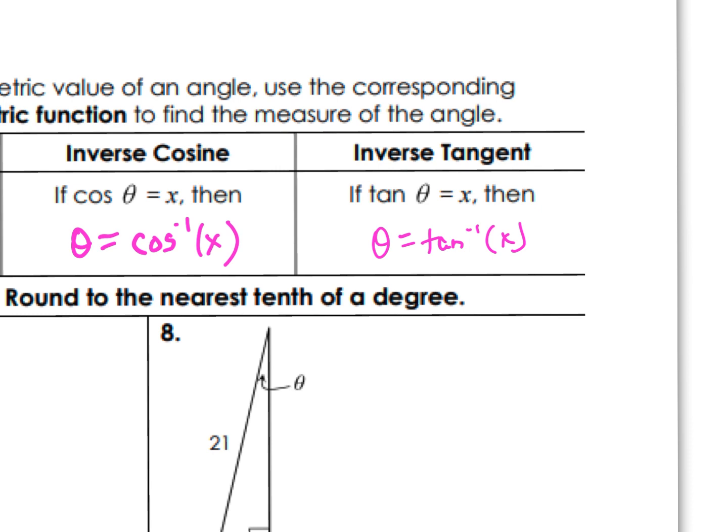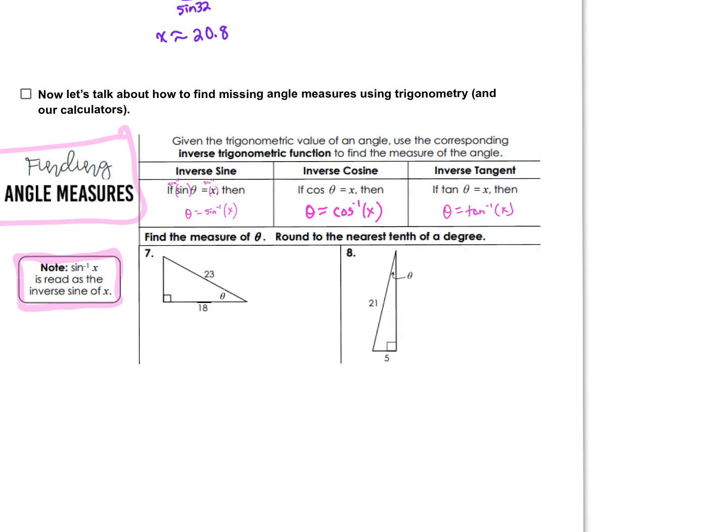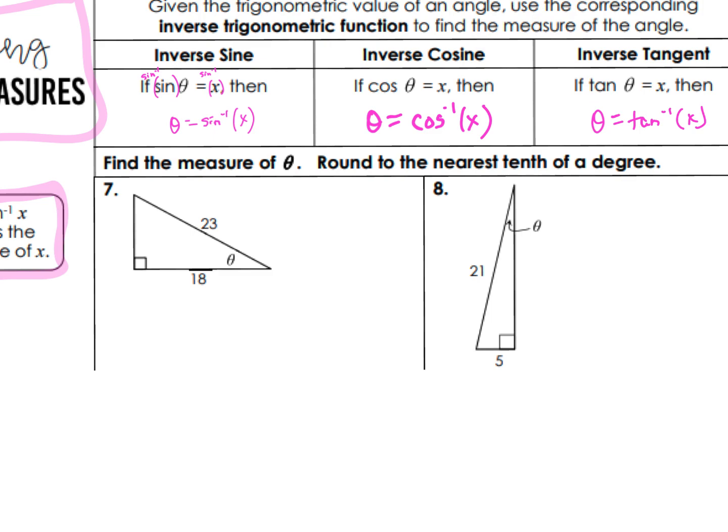Yours does, which is nice. You have an inverse secant button, an inverse cosecant button, an inverse cotangent button. Most graphing calculators do not, so you have to learn how to plug in a little bit differently. Unless you get into press-to-test mode, you should be able to use those inverse trig function buttons on your calculator. If you somehow get into press-to-test mode, let me know and I'll help you get out of that.